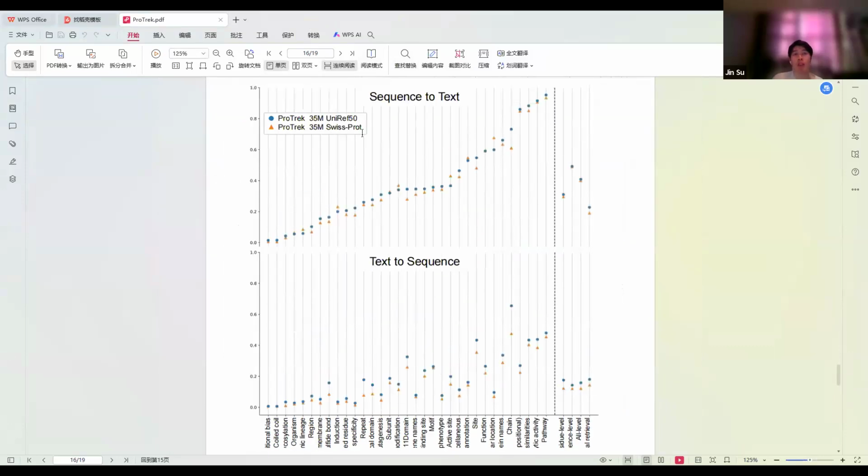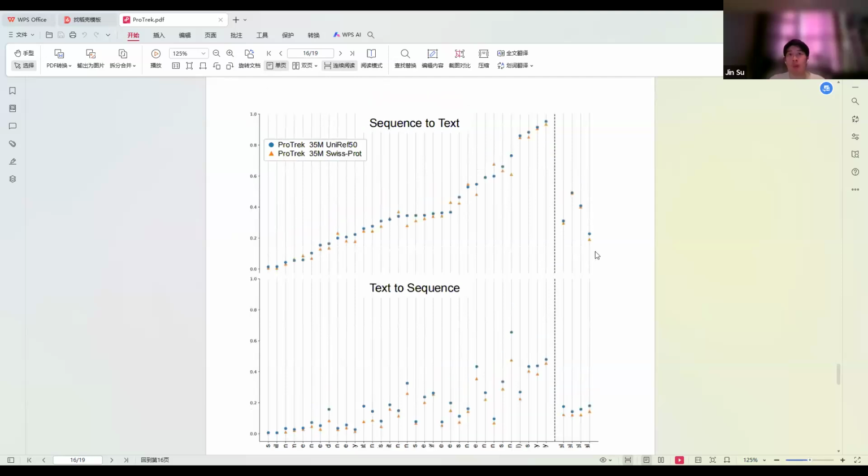So here we test the ProTrek trained on both UniProt 50 and SwissProt, or ProTrek only trained on SwissProt. You can see overall the model trained on both UniProt 50 and SwissProt obtained higher performance than ProTrek only trained on SwissProt.